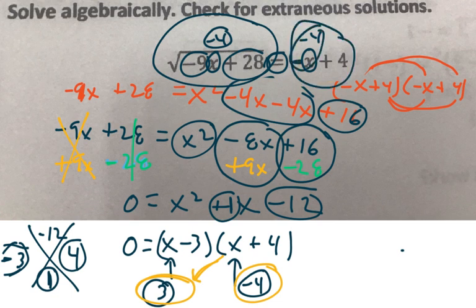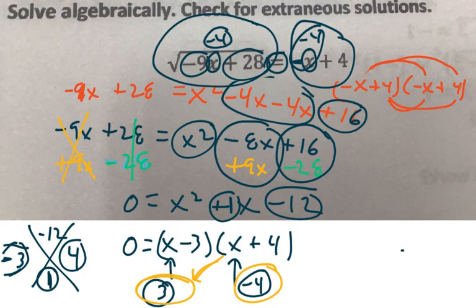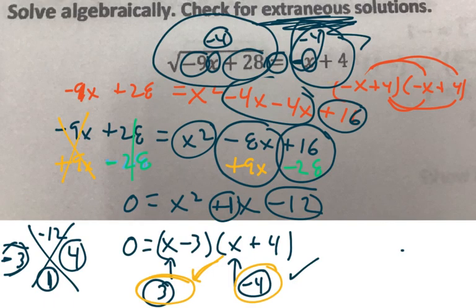I have this negative with negative 4, so that really becomes 4 plus 4, which is 8. And 36 plus 28 is 64. Is the square root of 64 8? Yes. So this time, both of them check off. We have no extraneous solutions. We have two solutions. We have, sorry about that, the solutions at positive 3 and negative 4. So we have two solutions this time.